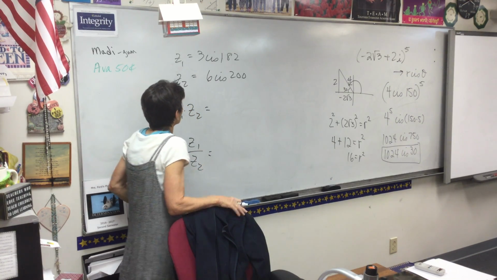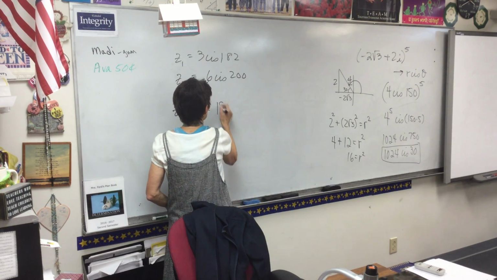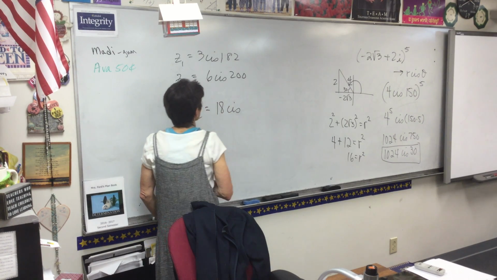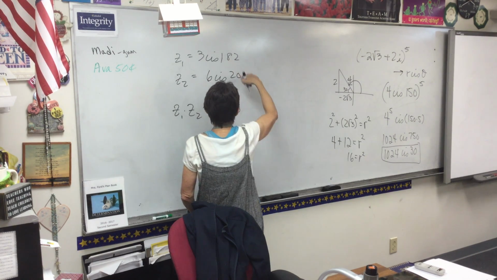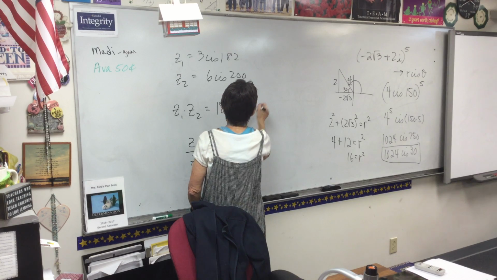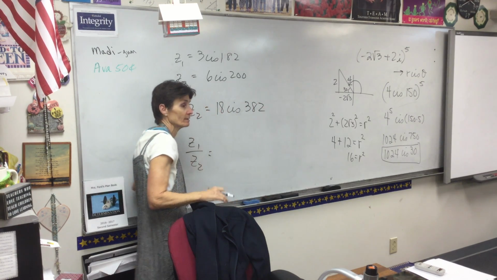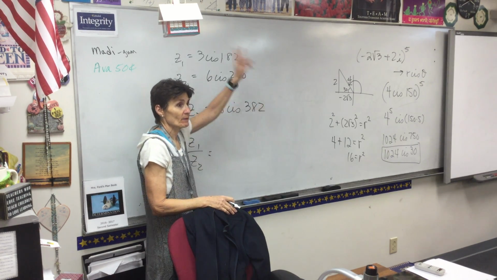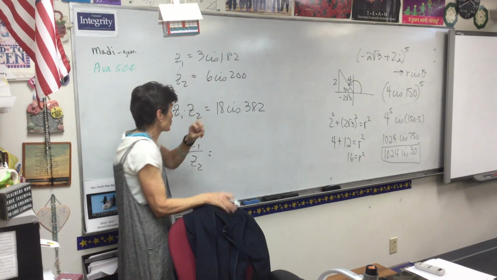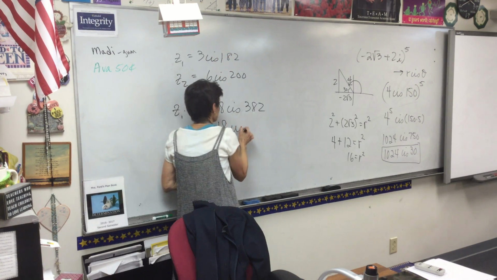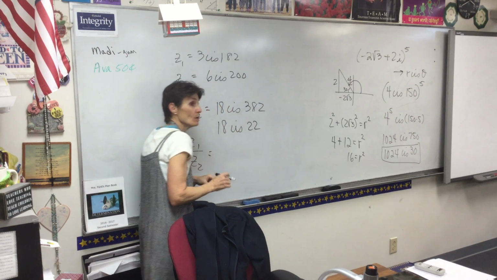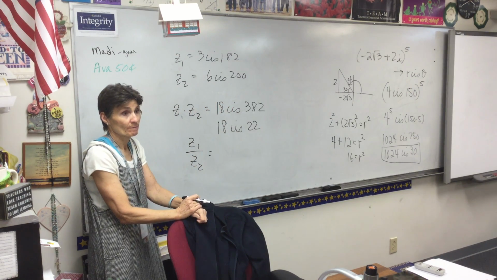Multiply the R values, yep, the 3 and the 6. Add the angles, 182 and 200, 382. Caroline, here's another one. See that angle right there? It's bigger than 360. So I gotta shrink it. So 18 CIS 22 will be my final answer.